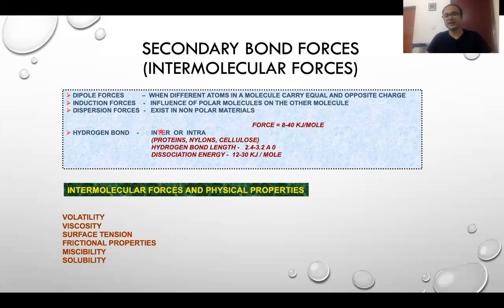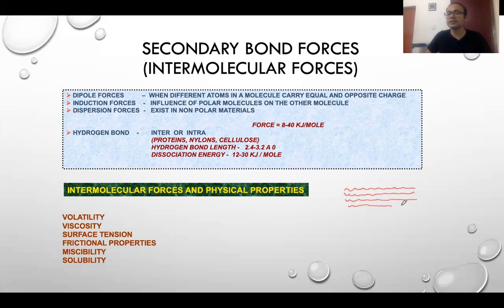These secondary forces are particularly powerful when we talk about polymers, because if I talk about linear polymers, when a polymer matrix is considered, it has a number of polymer molecules.